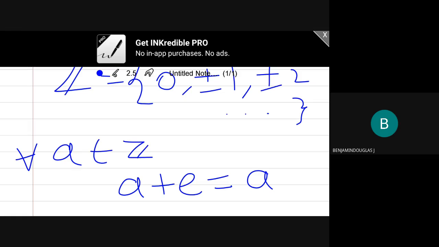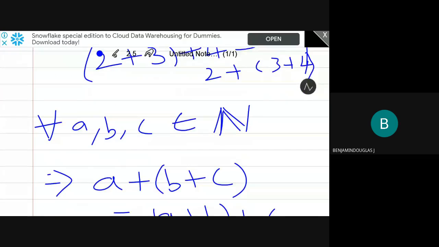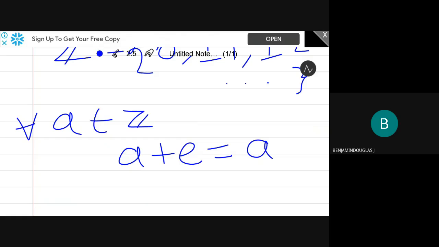Choose any element in Z, then add with the fixed element. The resultant is the same element. This property is nothing but the identity axiom. This type of axiom is nothing but my identity axiom.